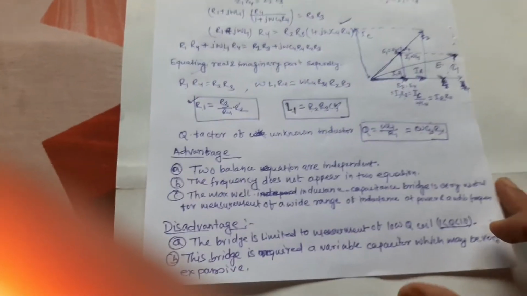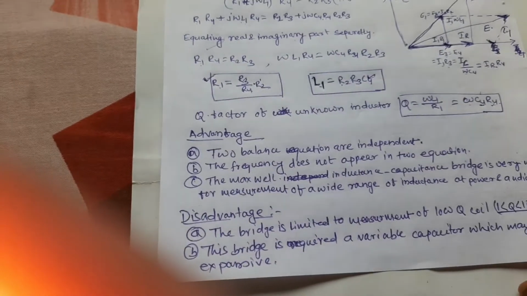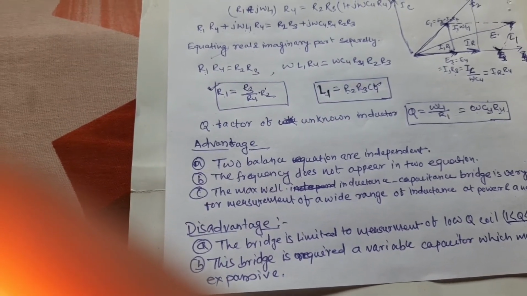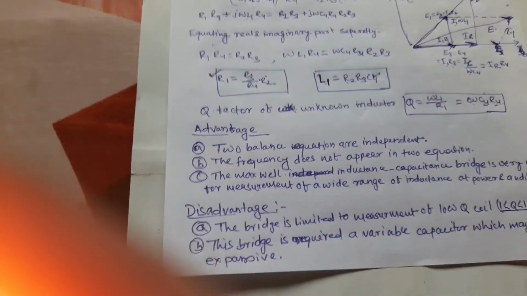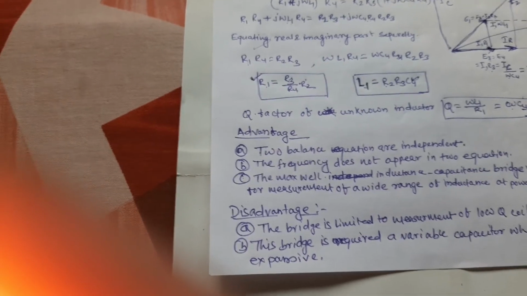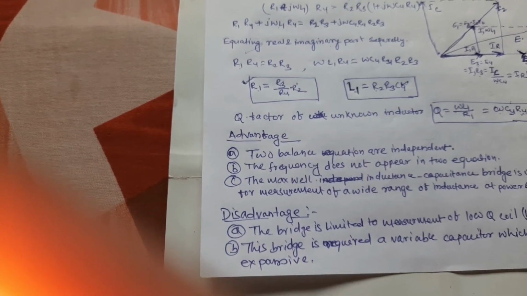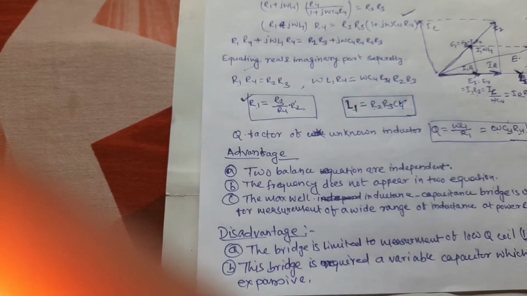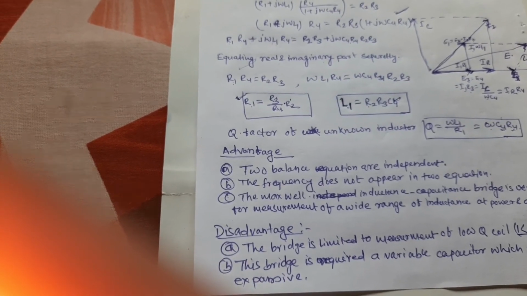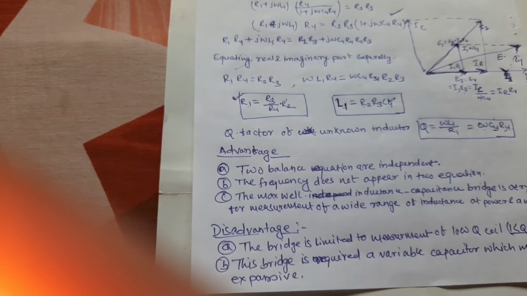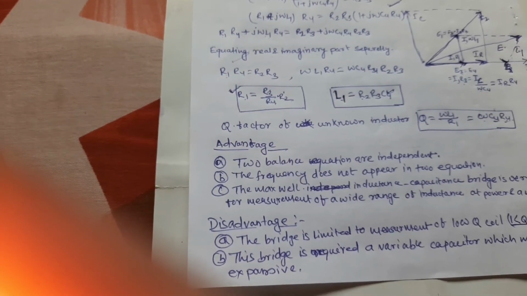So it is only useful for measuring inductors having a quality factor from 1 to 10. And this bridge requires a variable capacitor, which may be very expensive. So there is a limitation, because the variable capacitor is a very costly device.